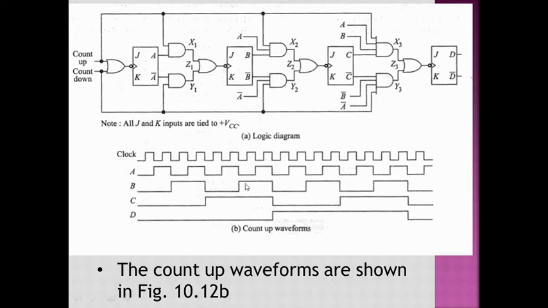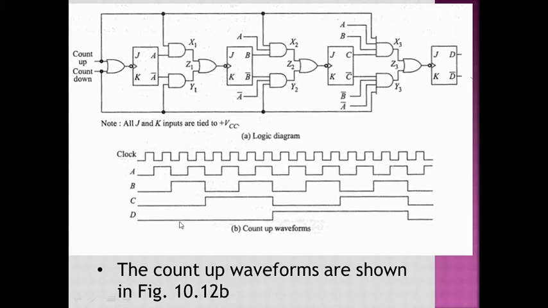If you see what is the output of this counter, this is A, B, C and D. D is the MSB and A is going to be LSB. So the output is D, C, B, A. That way you can consider 0, 0, 0, 0. Then the next negative edge of the clock pulse, first count 0, 0, 0, 1.